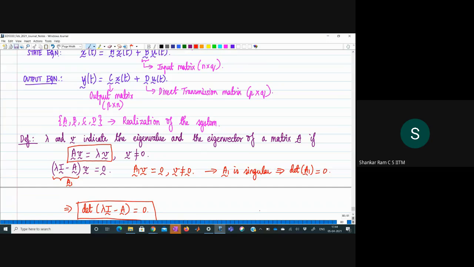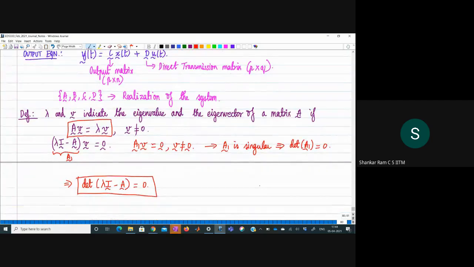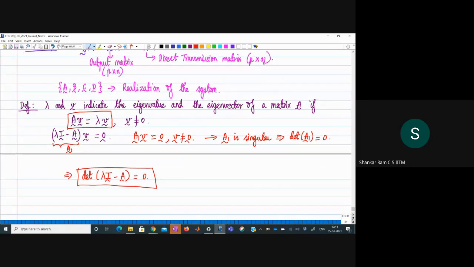All right, so we will do a few examples going down the line as to how to calculate the eigenvalues and eigenvectors for a given matrix A. So then, if we look at the definition of an inverse, right? How do we get the inverse of a matrix? So please note that, let's say if we have a matrix A1, the inverse of the matrix A1 is what is called the adjoint of the matrix A1 divided by its determinant, right?